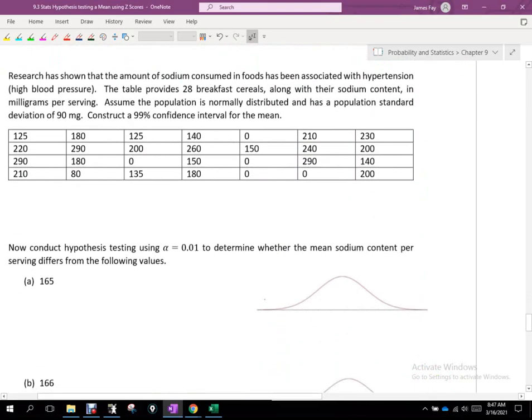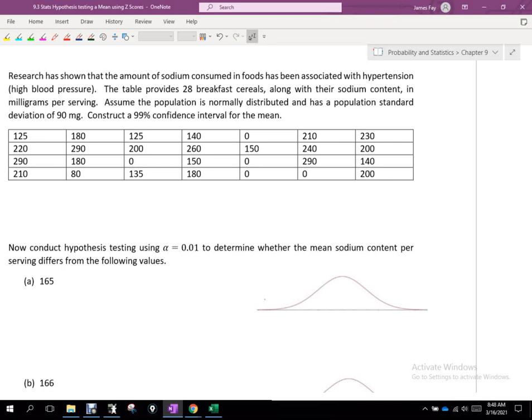But this question here should hopefully draw a comparison to what we've done in the past with confidence intervals to what we're doing right now, okay? So we're going to jog our memory a little bit here, because it's going to take us back into section 8.1 to do this first part. It says, research has shown that the amount of sodium consumed in foods has been associated with hypertension, which is called high blood pressure.